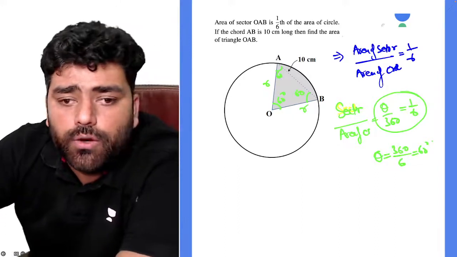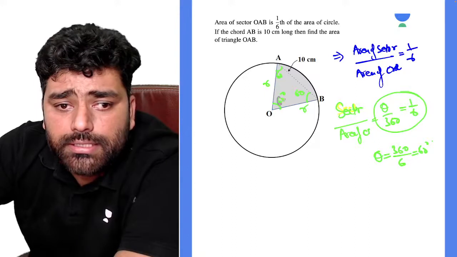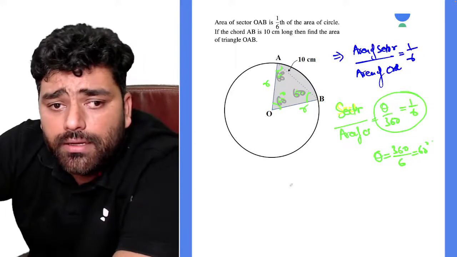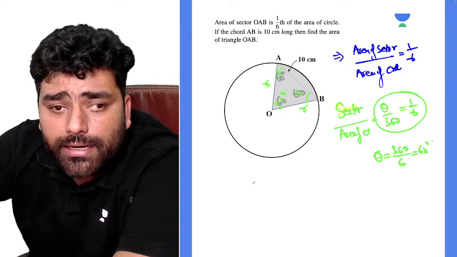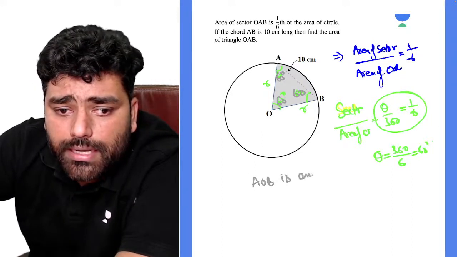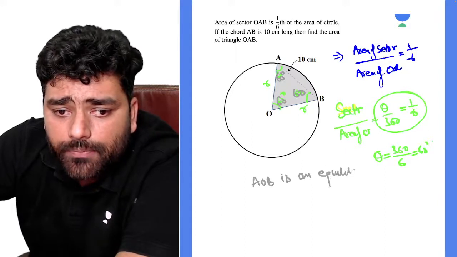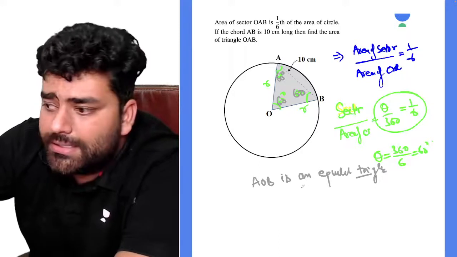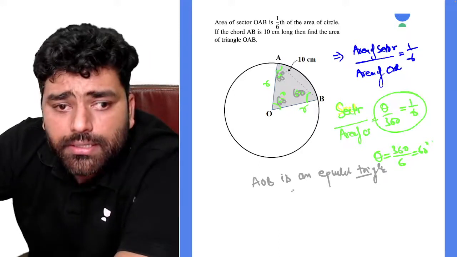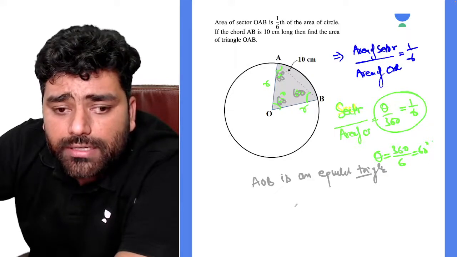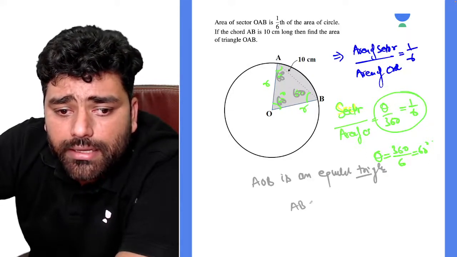Okay, now we know this is 60, this is 60 and this is 60. See, all three angles are 60, right? So that means this is an equilateral triangle. So AOB is an equilateral triangle. If AOB is an equilateral triangle guys, then definitely the side of the triangle, AB, is equal to 10.